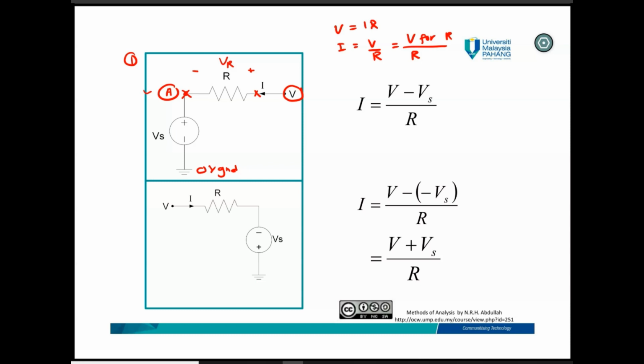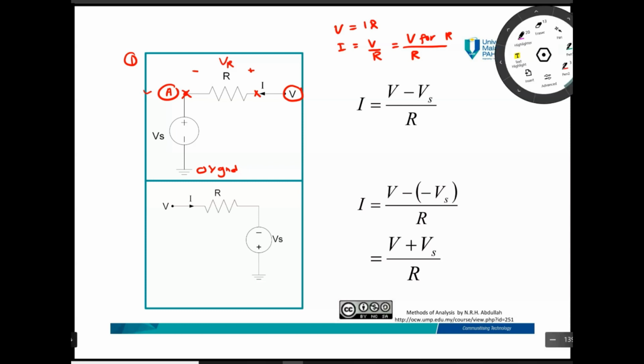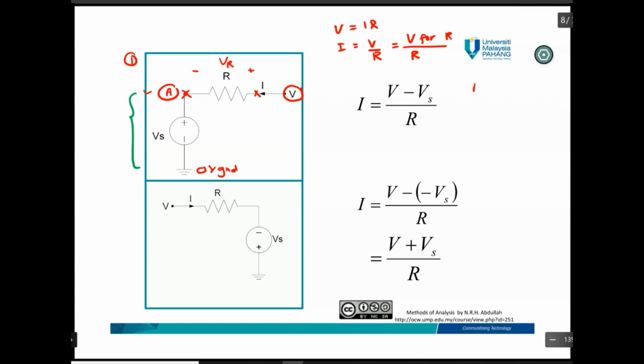Okay, from here, in order to know A, so that we know the voltage at the left side of the resistor: A at the positive minus 0 at the negative is equal to the middle voltage, which is Vs. Therefore, A is Vs, and the positive is V. By using Ohm's law, I is equal to VR over R, where VR is V at the positive minus V at the negative.